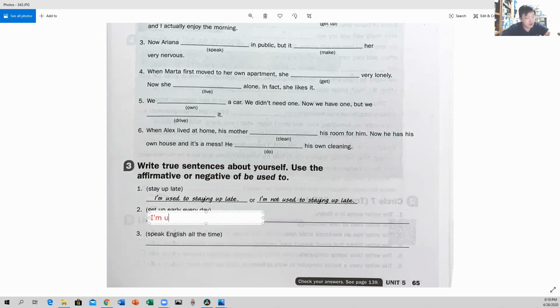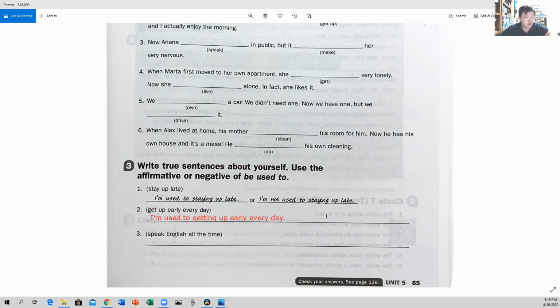I'm used to getting up early every day. Okay, I'm used to. I don't like it, but I'm used to. That's the difference. I'm used to getting up early every day.